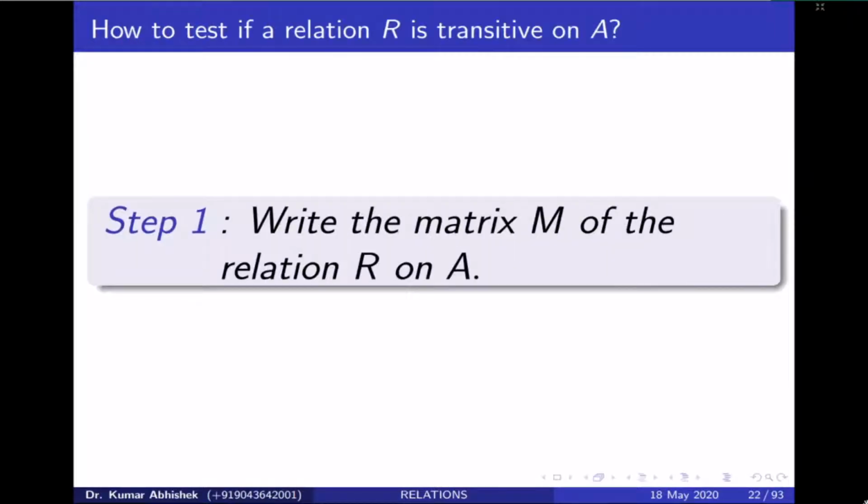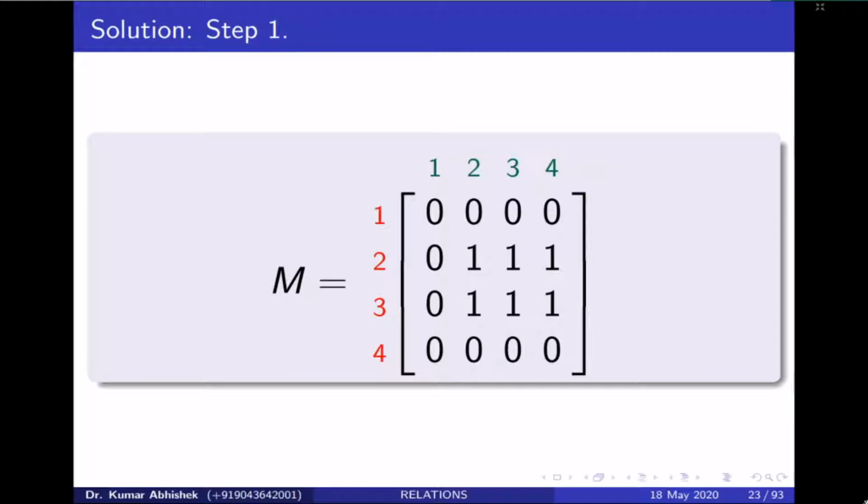Coming back to step 1, we can see the matrix M of the relation R. I have written down the matrix. You can see I have written the columns in red and the rows in green, and there is a specific reason for that, which we will see later.